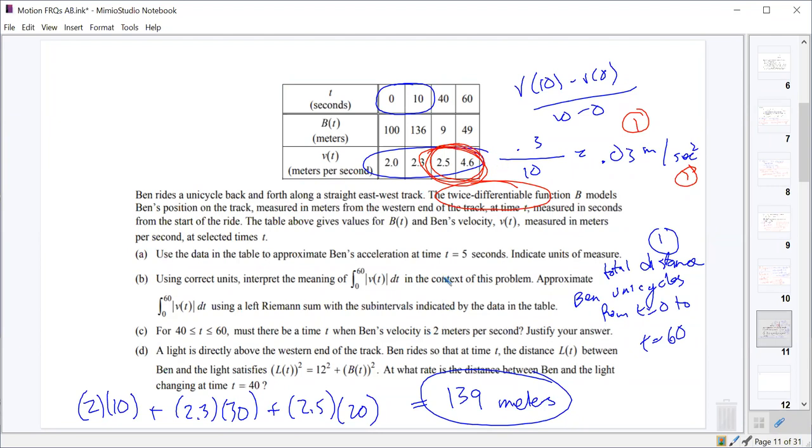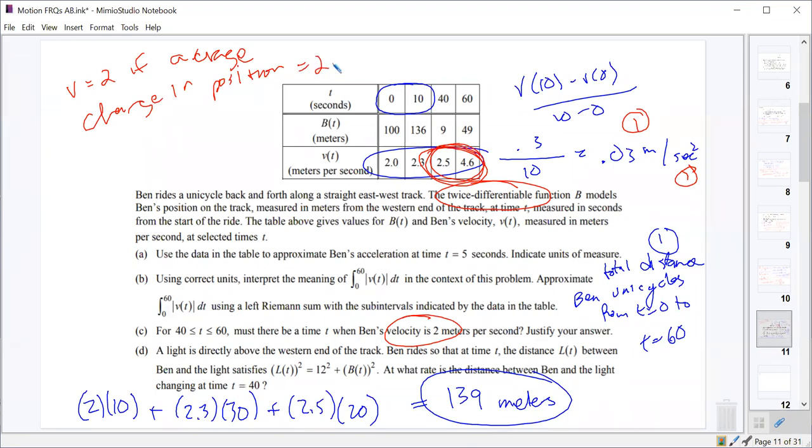But that's not the case, right? 2.5 to 4.6 doesn't indicate that you had to cross through 2. But we also know that the velocity could be 2 if the average change in position equals 2, right?